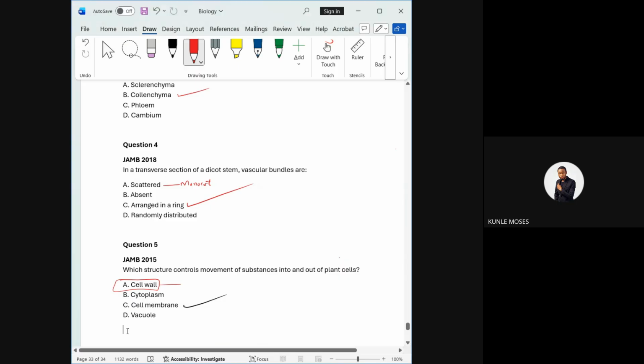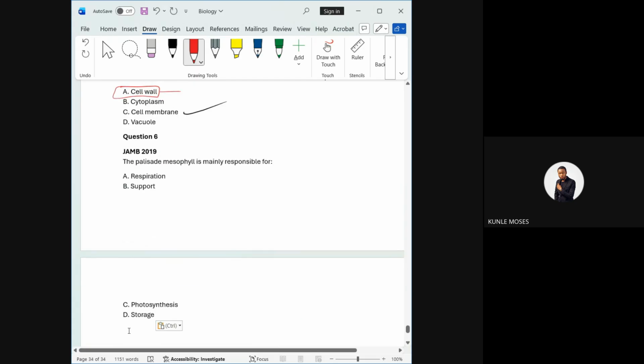It's a 2019 JAMB question. The palisade mesophyll is mainly responsible for. I gave it the spongy and the palisade. The question is for Titi. Photosynthesis.